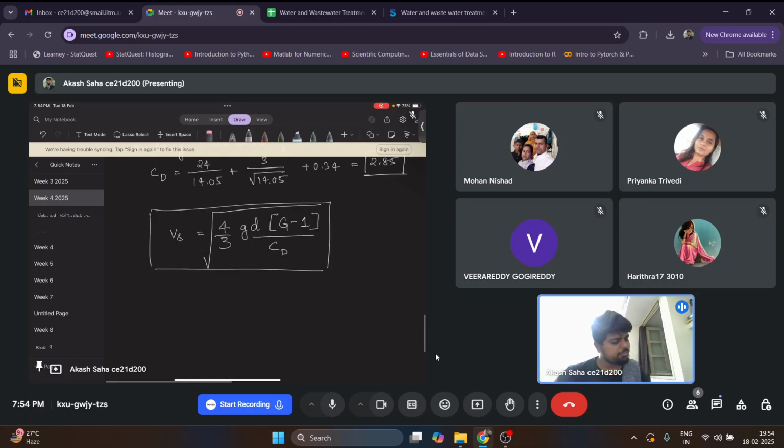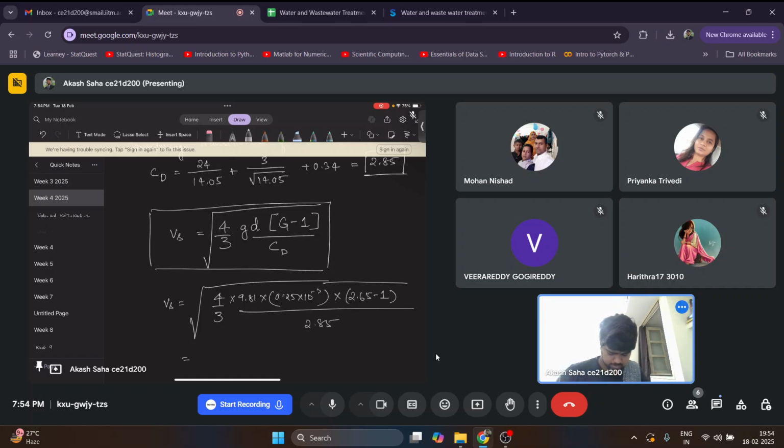So just put in the values. If you put in all the values, you will get 0.043 meter per second.